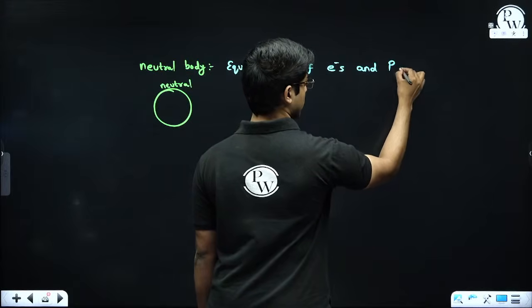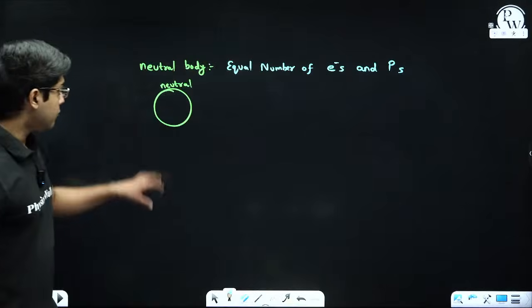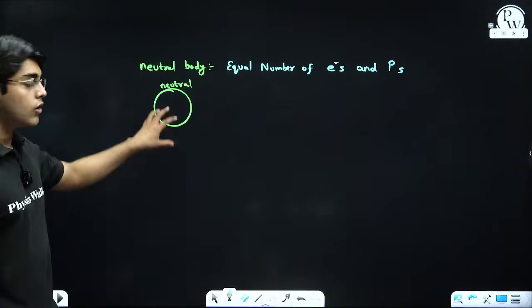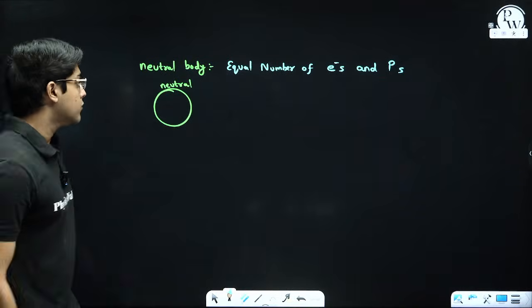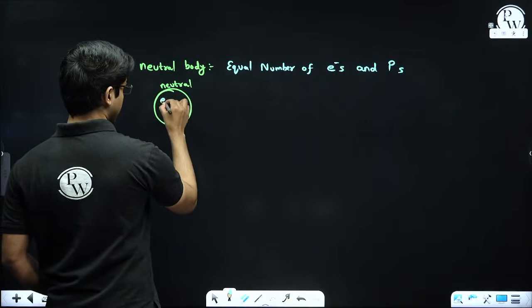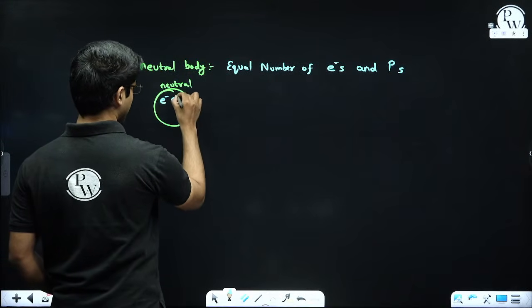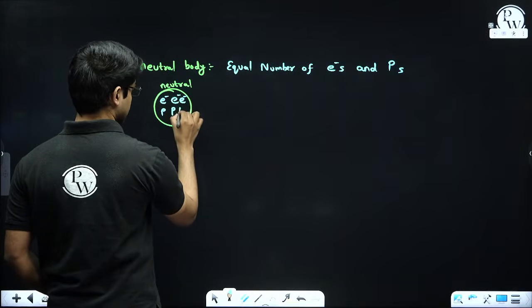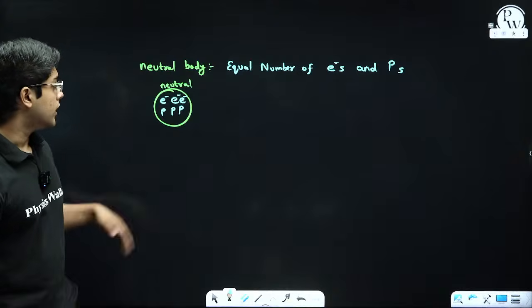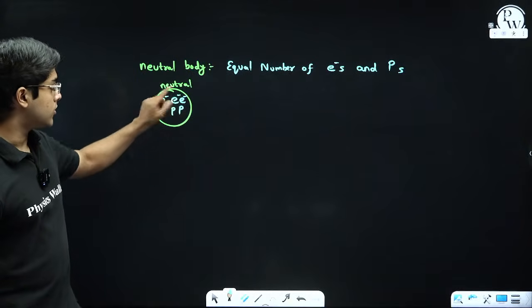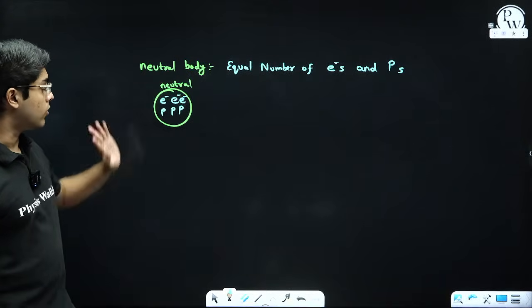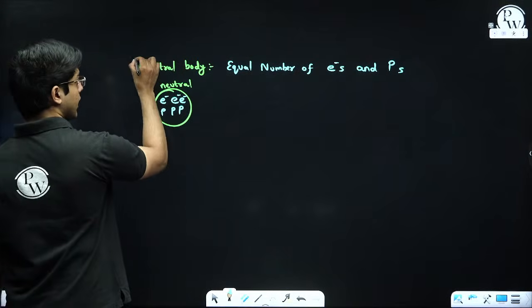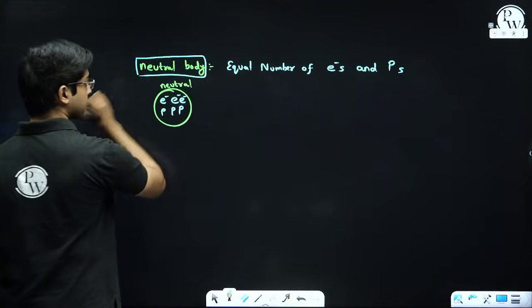If any body has an equal number of electrons and protons, then we call it a neutral body. That does not mean it doesn't have electrons. If it has, let's say, 3 electrons, it will also have 3 protons. In this case, the total charge will be 0 because it has equal amounts of electrons and protons. So that is what we mean when we say we have a neutral body.